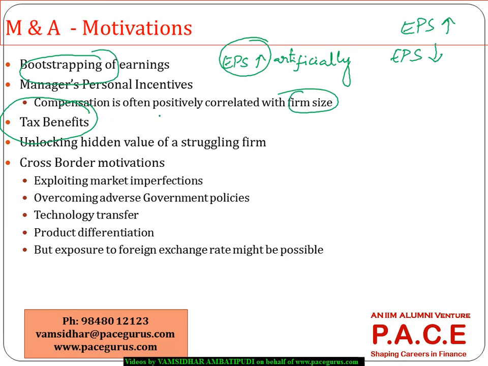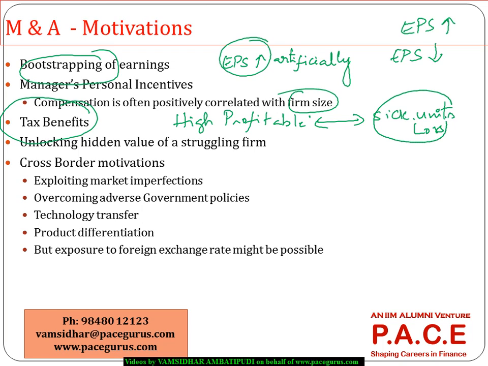And sometimes a highly profitable company ends up paying a high tax. But if it takes over a sick unit which is into losses, the combination will have a reduced tax impact, but at the same time it can use its expertise to turn around this particular firm and generate profits for the next period.